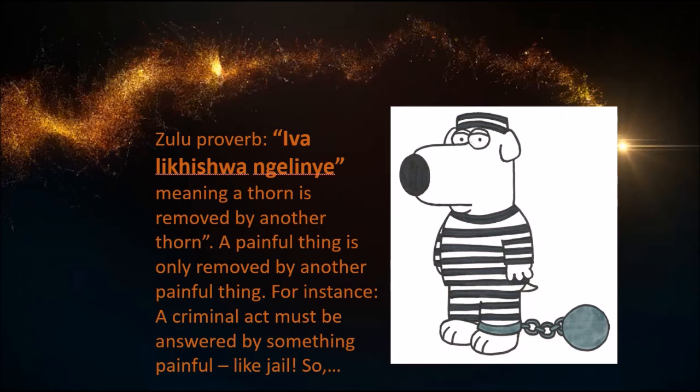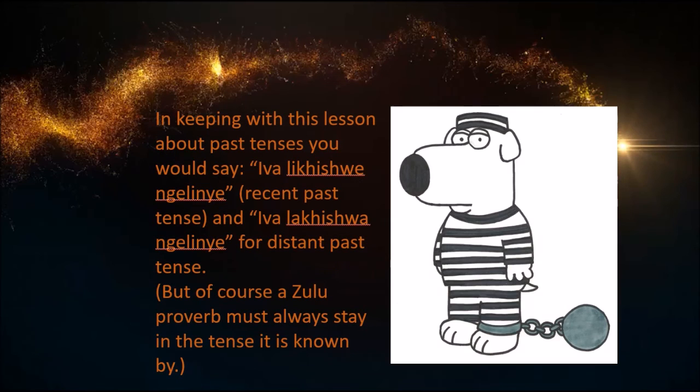Now, to keep with the lesson about past tenses, you would say, Iva likishwe gelinye. Of course, we don't say that as a proverb, but just for the sake of the lesson, this would be the recent past tense. Remember, the emphasis is on the e. Iva likishwe gelinye.